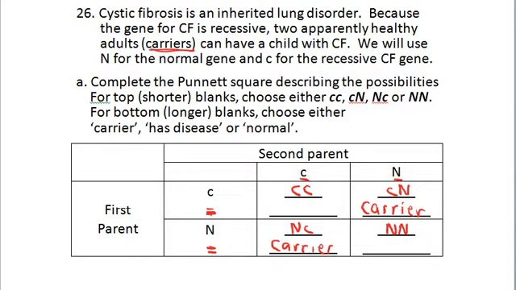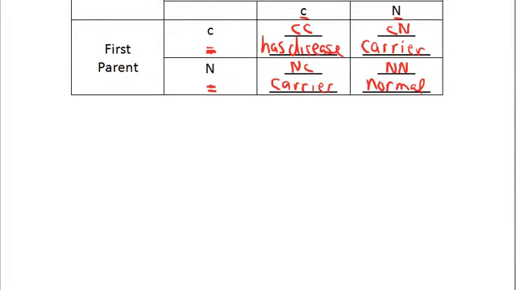The double N's would be normal, and the double c's would be an indication that the person has the disease, has cystic fibrosis. Okay? So let's go to the second part.